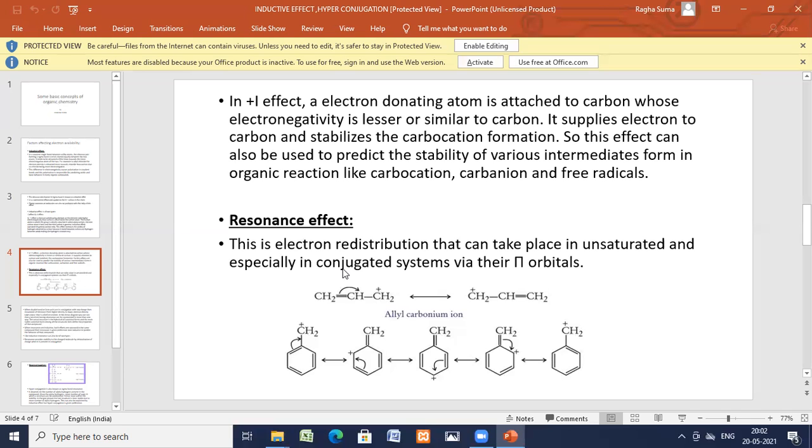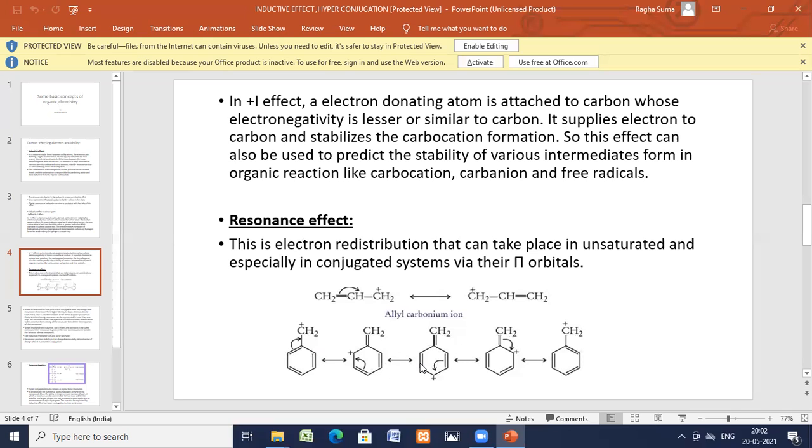If a single structure fails to explain the property of the compound, more than one structure can be taken and considered for the properties. So these are all the canonical or the resonance structures.